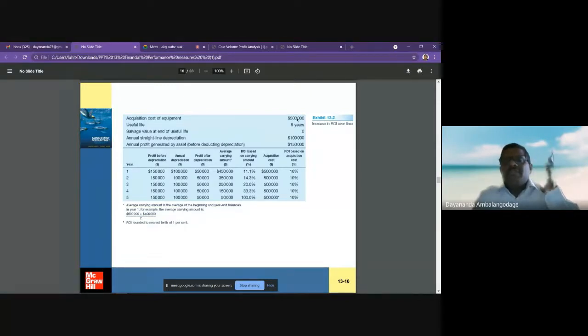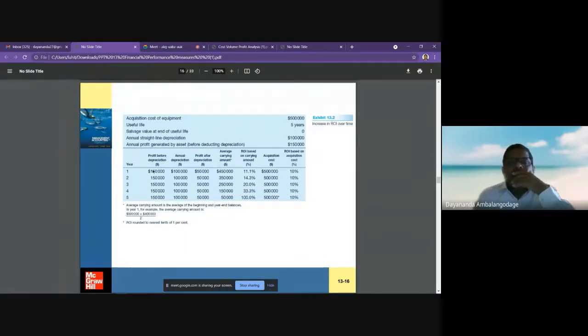You are acquiring 500,000 worth of equipment today. If you use it for 5 years, at the end of the 5 years the salvage value is 0. Each year the cost would be 100. First year depreciation, second year, third year, fourth year, fifth year, 100,000 each.